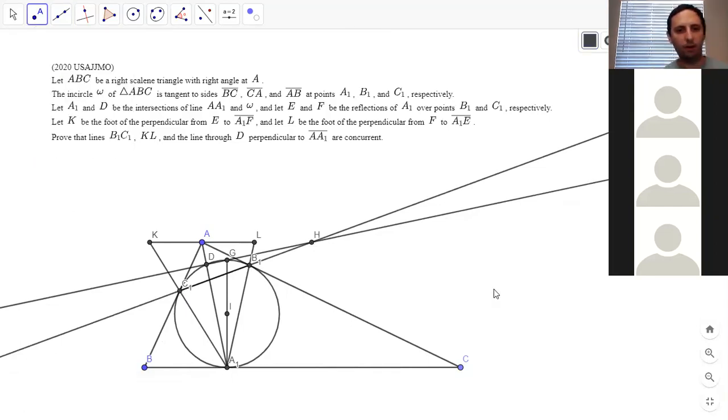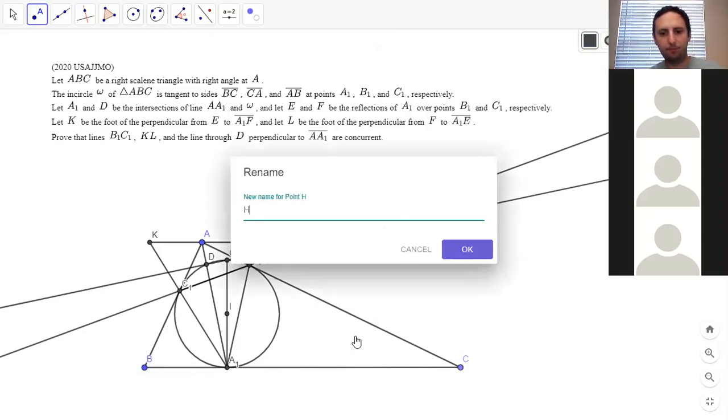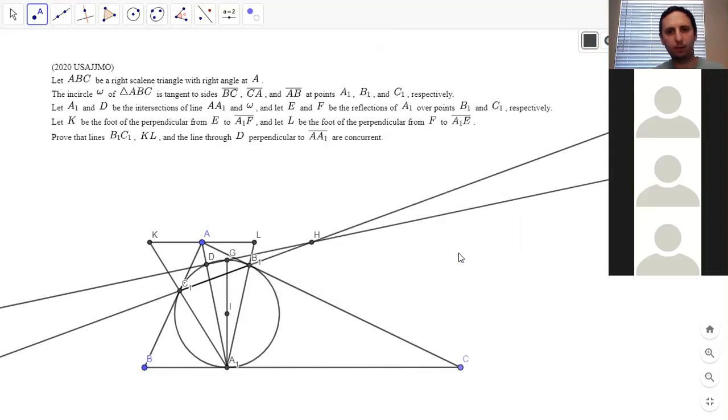So can we show, I'll call it something else, call it J. We want to show AJ is parallel to BC.